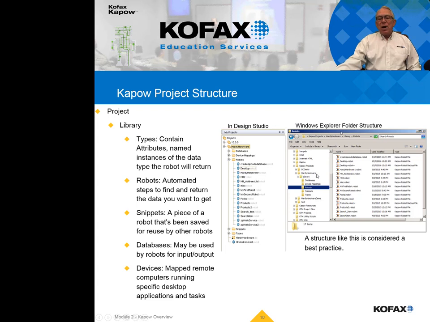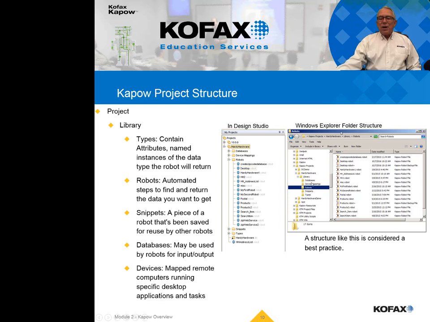So you see my project here in Windows Explorer on the right side, Hardy Hardware, then a subfolder called Library. And because I created these subfolders in Design Studio, they were also created for me in Windows Explorer: databases, device mappings, robots, snippets, and types.